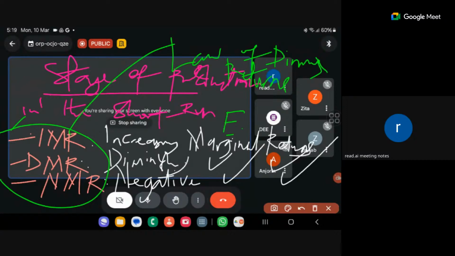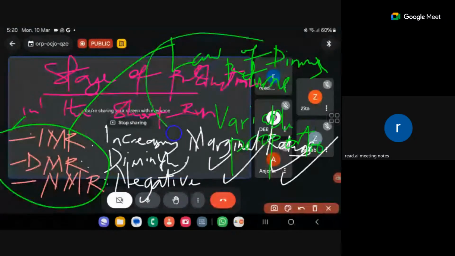So that's the answer. If you don't call it the law of diminishing returns, you also call it the law of variable proportions. Variable proportions and the law of diminishing returns refer to the same law.